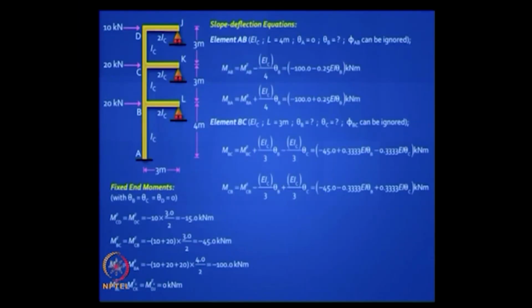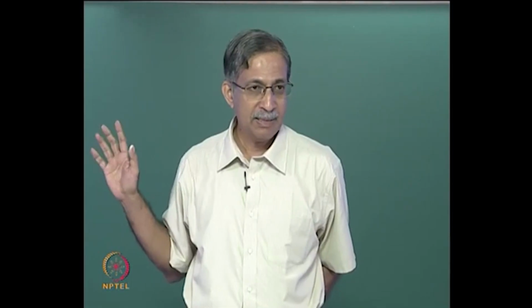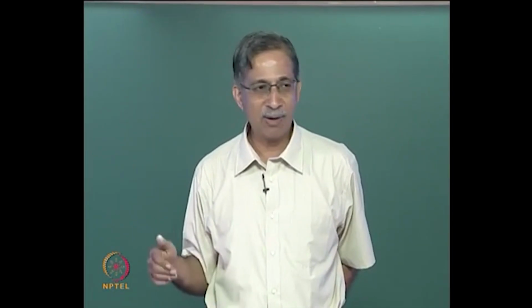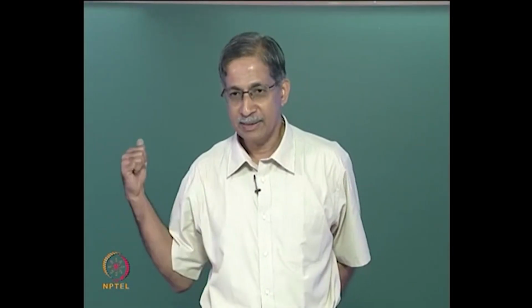So for BC, you will get a positive contribution from theta B and a negative contribution from theta C. And for CB, you will get a positive contribution from theta C and a negative contribution from theta B for the reasons explained there. Is it clear? Positive meaning clockwise, negative meaning anti-clockwise or counterclockwise. Is it clear? Now it's easy.